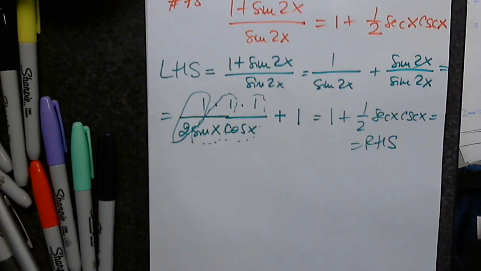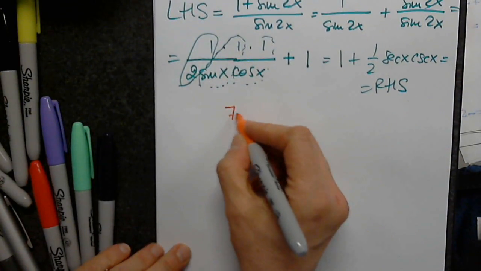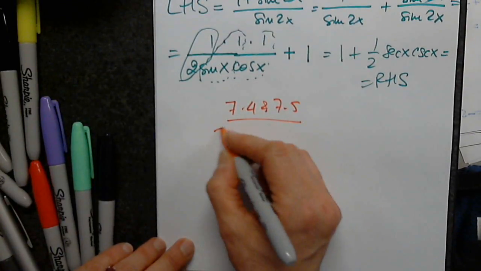Would you like to choose another identity, or we come back to identities, but we move on now to trig equations? Still equations. We did a few. Okay, on page 523, 7.4 and 7.5 are both trig equations.